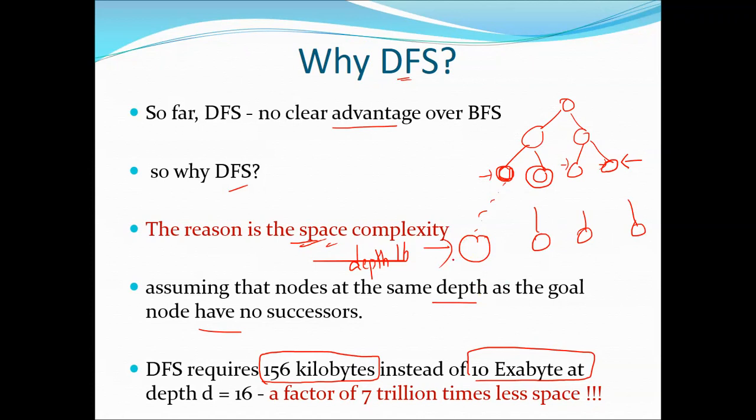The nodes at that depth don't have any successors. With that assumption, DFS will require only 156 kilobytes of memory, but BFS will need 10 exabytes of memory if the solution is available at depth 16.